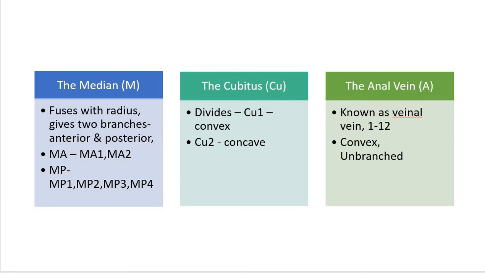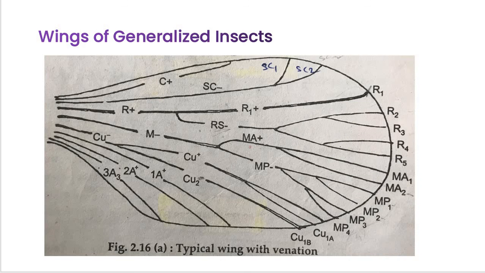These veins start from close association with the third axillary sclerite of the wing base and constitute a group of veins in the anal region, also termed the vannal veins. The number of anal veins varies from 1 to 12 among different groups of insects. These veins are generally convex and unbranched, but some of them may be divided into sub-branches.